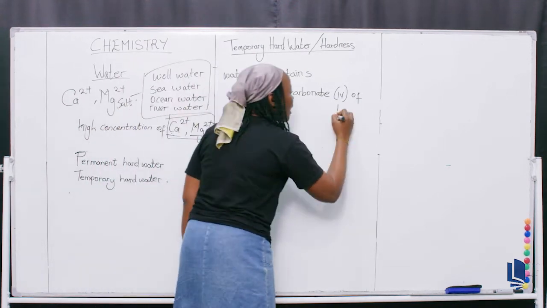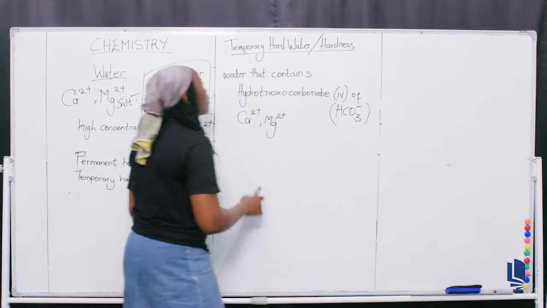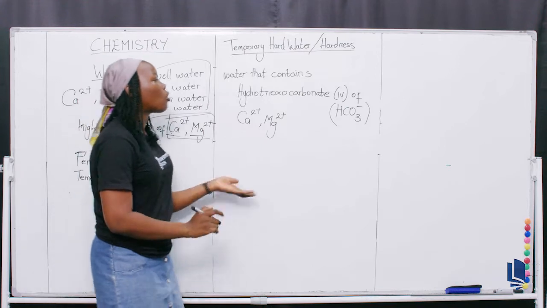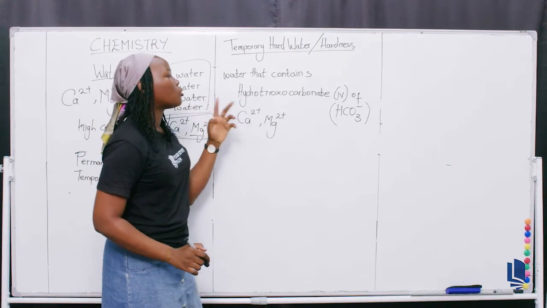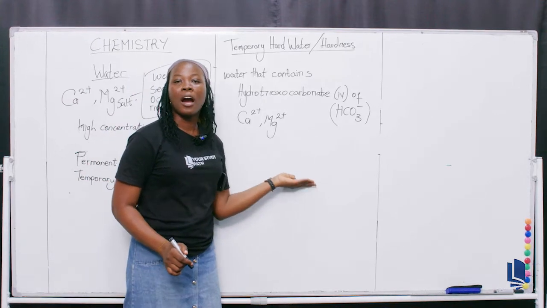Trioxocarbonate(IV) is HCO3 minus. So temporary water is that water that contains hydrogen trioxocarbonate(IV) of magnesium ion or calcium ion.